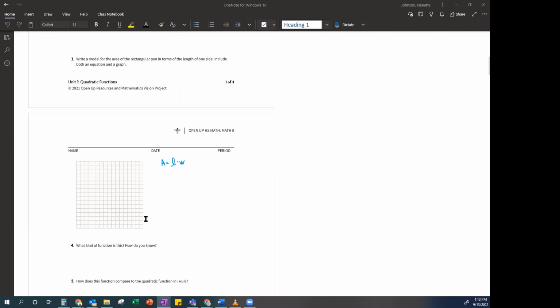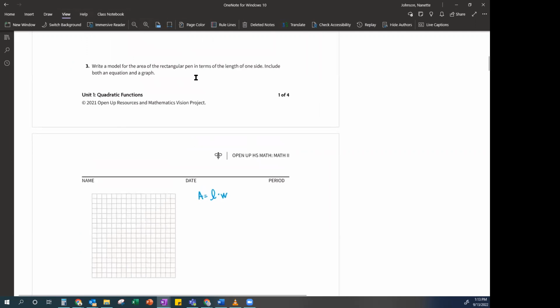You're good. Okay, so that technically is the area of a rectangle, but then it says in terms of, and I'll get this a little bit bigger so you can actually see what it says. It says in terms of the length of one side. Oh no, I have width here.